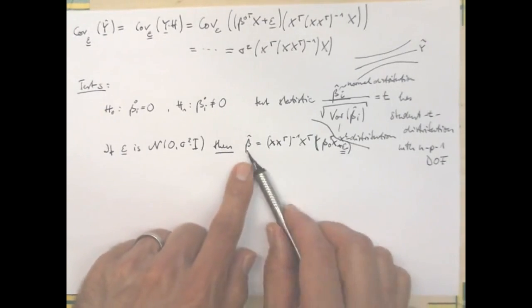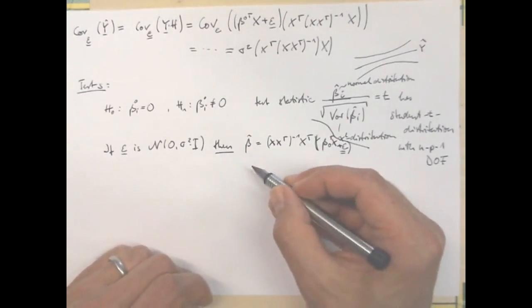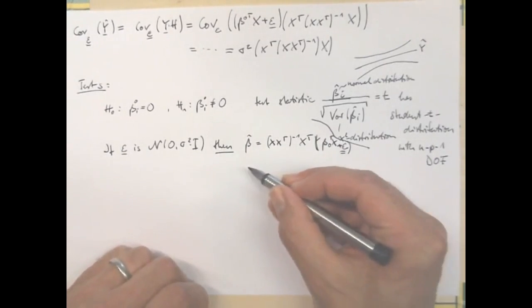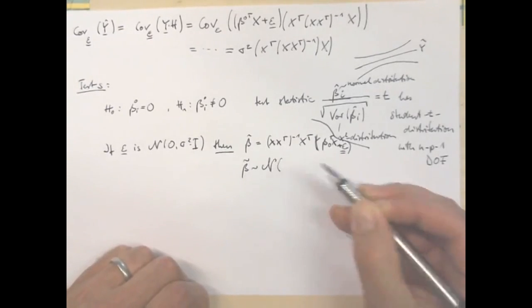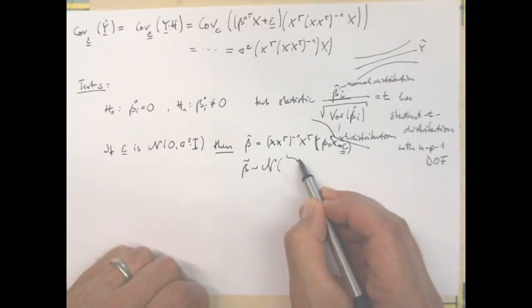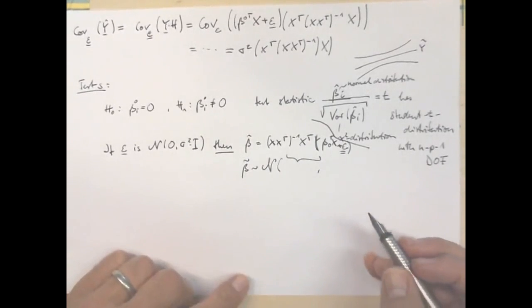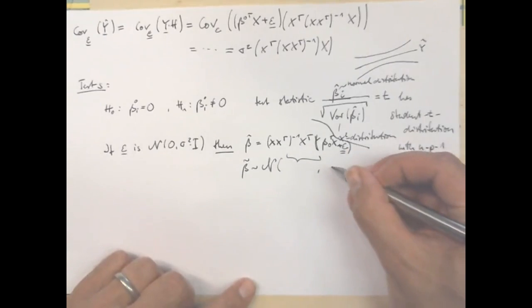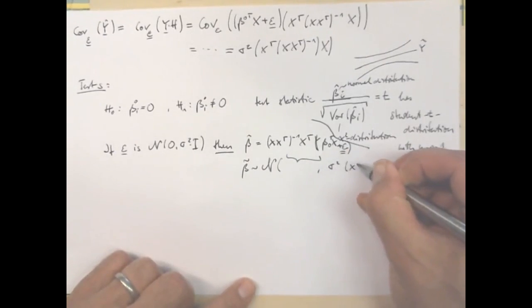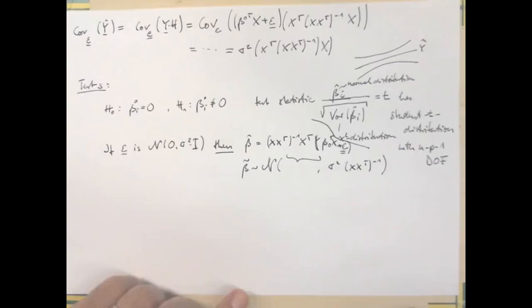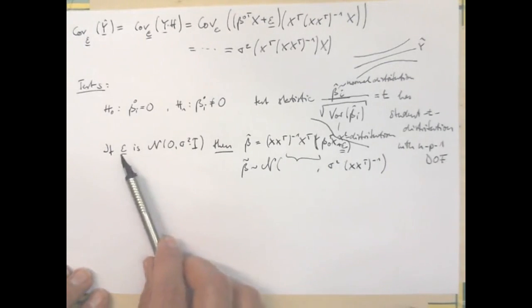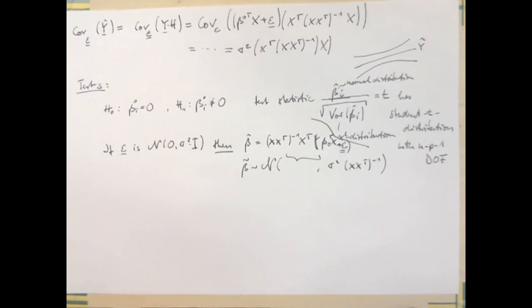So then beta hat is also normally distributed. So this term here would be the mean, and the covariance matrix you've seen before would be sigma squared times X X transpose to the -1. Okay, and this only holds if I assume that my random errors were Gaussian also.